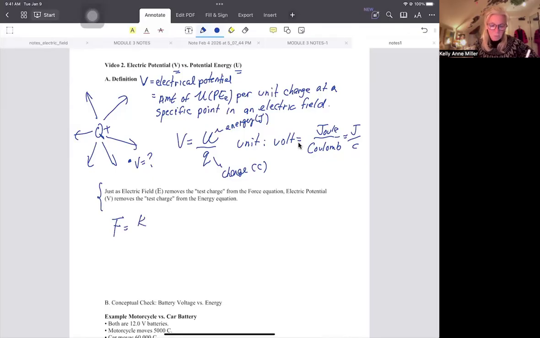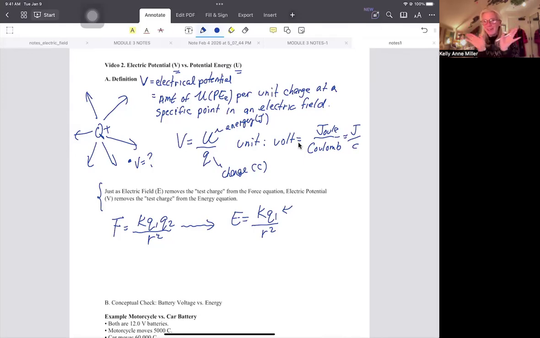Remember when we went from Coulomb's law to electric field, the only difference is that the electric field is independent of the test charge.